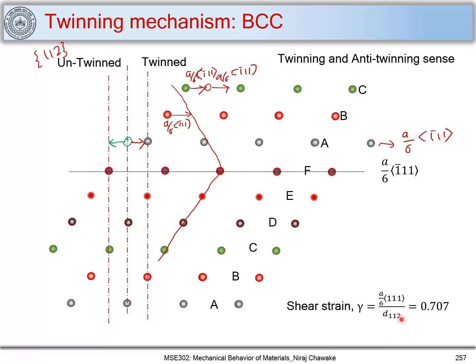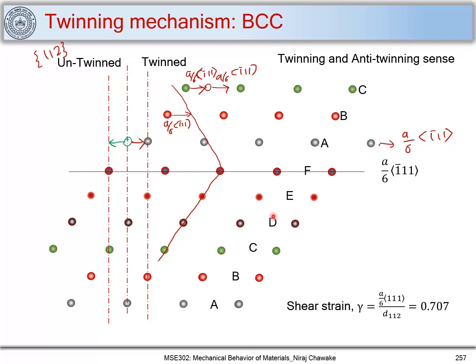So the distance between these planes will be given as d112, and you can find it out by a upon square root of h square plus k square plus l square. And if you find out the shear strain magnitude, it comes out to be 0.707, and that is also a huge strain which is being accommodated during twinning of BCC materials.